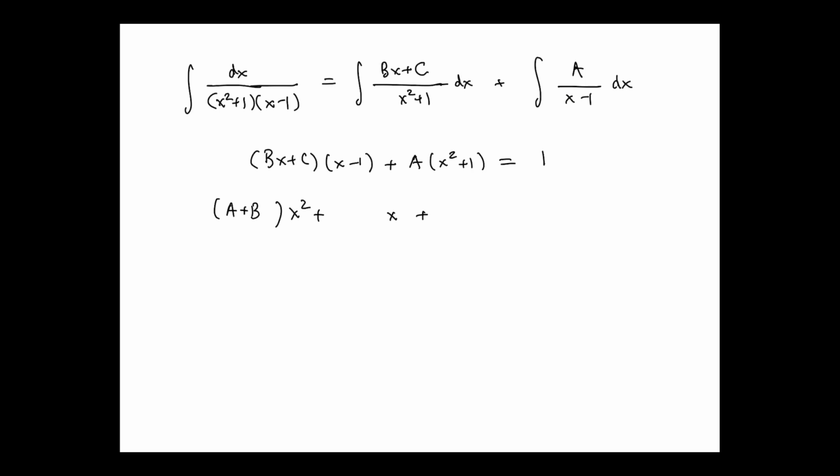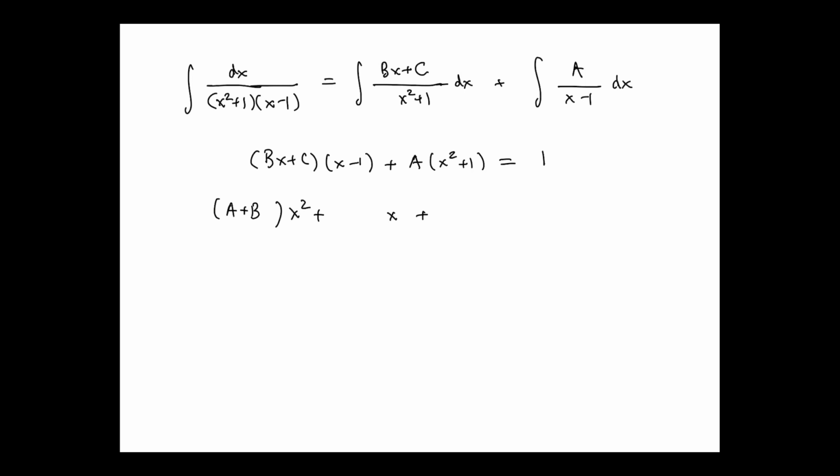Okay, so we've got A plus B x squareds. How many x's do we have? Well, here we have to be a little careful. Do we have any x's from the second term, a times x squared plus 1? Are there any from here? No. Okay, great. What about the first term? Well, I'm going to have bx with a negative and cx with a positive.